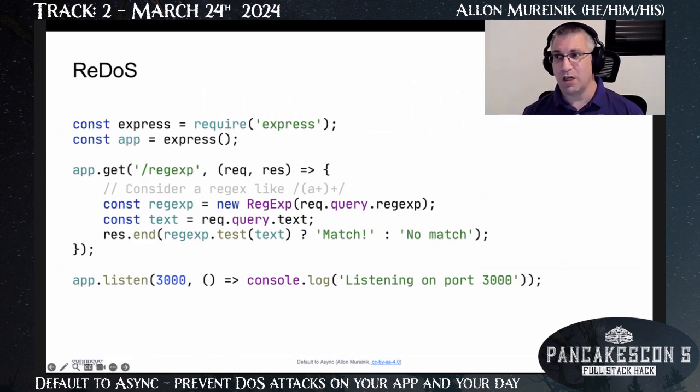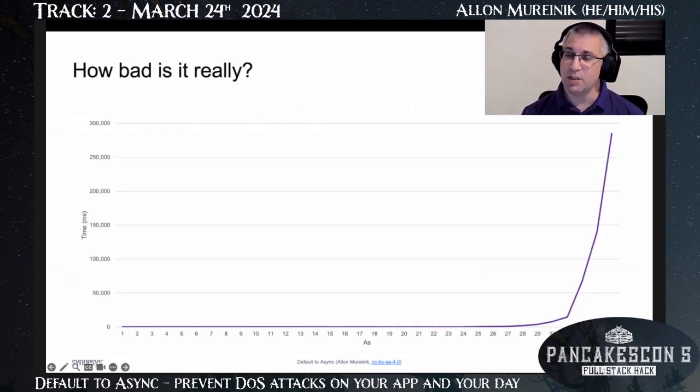So again, how bad can this be? Really, really bad, really, really fast. I graphed the time it takes to evaluate such a regex against a string made up of a series of A's and a B at the end of it. It worked okay until 26, 27, maybe 28 A's. At 29, 30 A's, it really started kicking up.